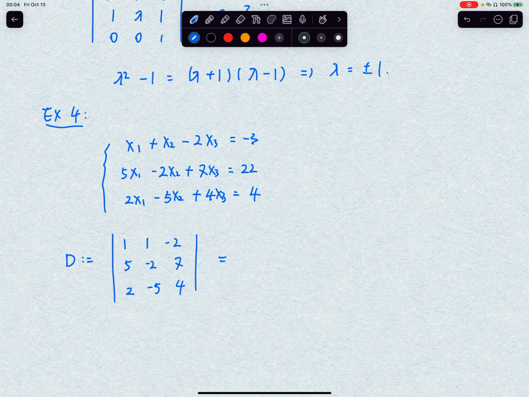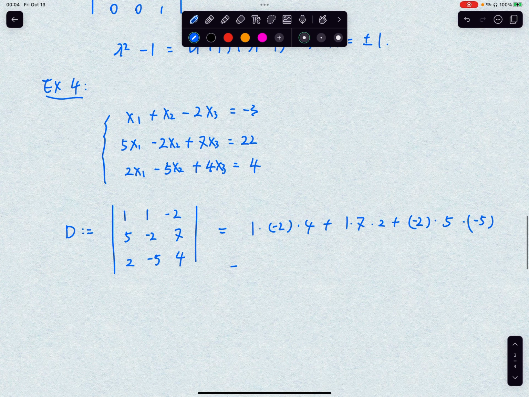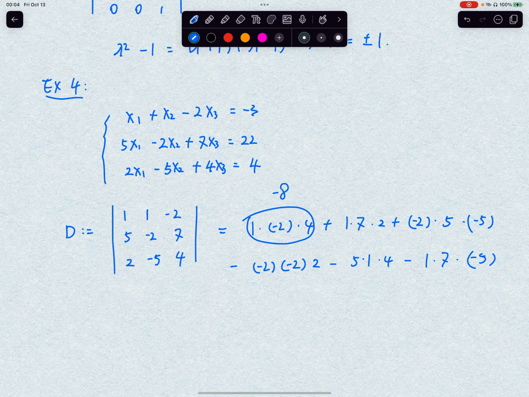So this guy is just 1 times minus 2 times 4 plus 1 times 7 times 2 plus minus 2 times 5 times minus 5, minus minus 2 times minus 2 times 2, minus 5 times 1 times 4, minus 1 times 7 times minus 5. So this guy is minus 8, and this is 14, and this is 50.